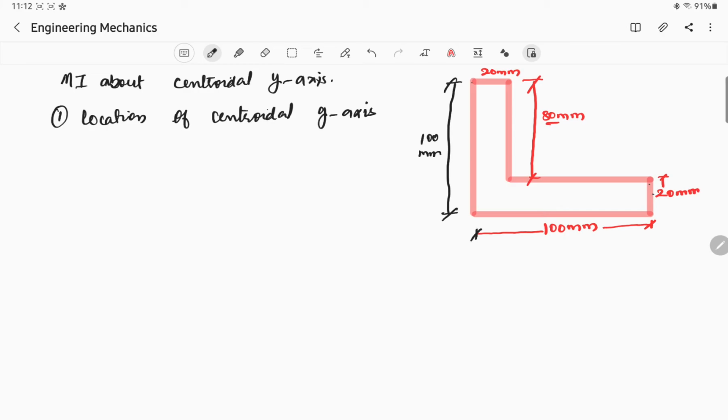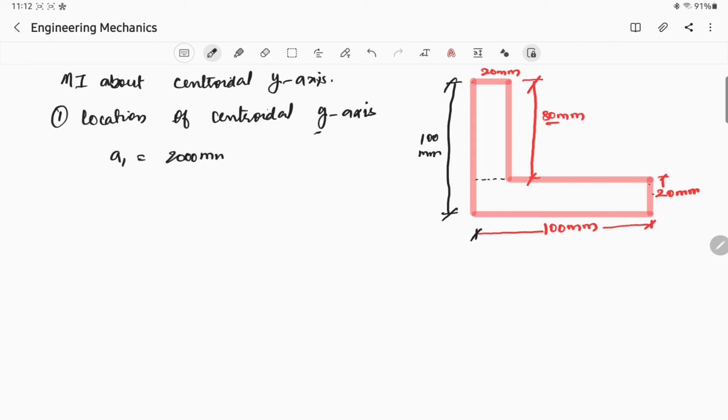I don't know where the centroidal y-axis is, so to calculate it we need x1 and y1.